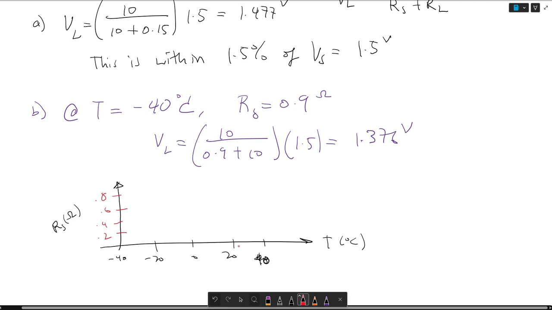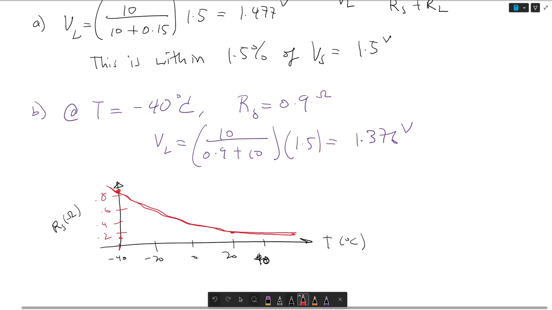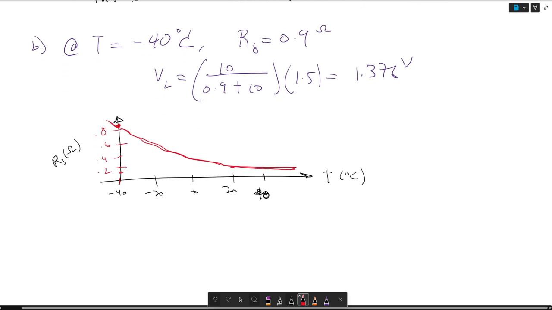At 20 degrees Celsius, a battery resistance of 0.15, a little below 0.2, is right here. And at -40, the battery resistance is at 0.8. So we get an exponential curve like this. As the temperature decreases, the battery resistance increases, and similarly, as the temperature increases, the battery resistance decreases.